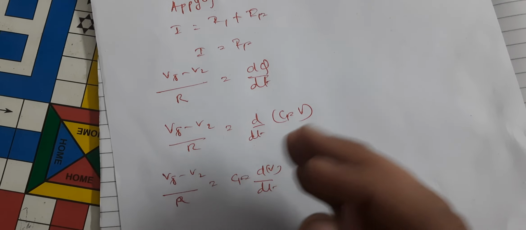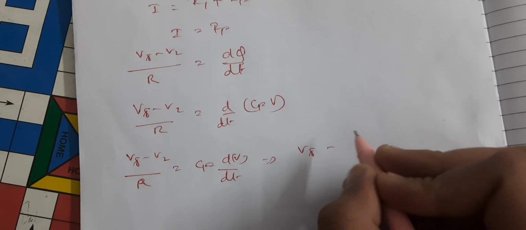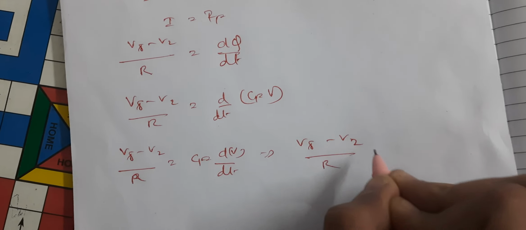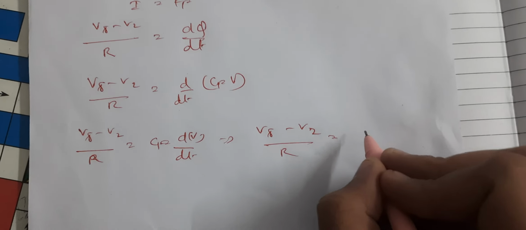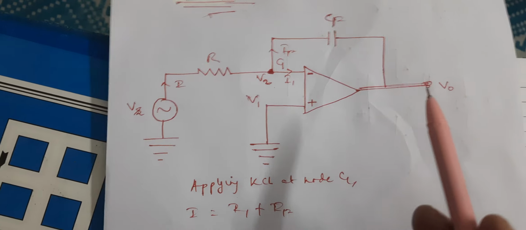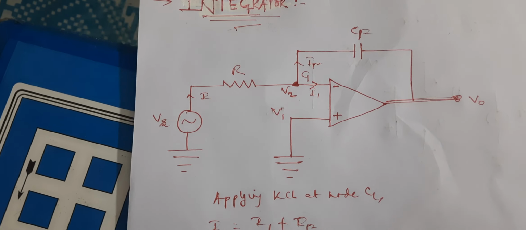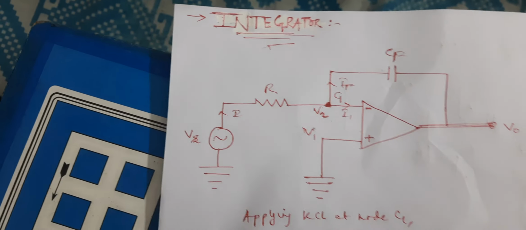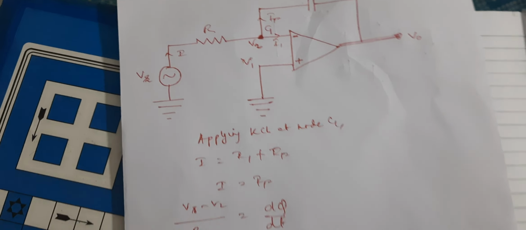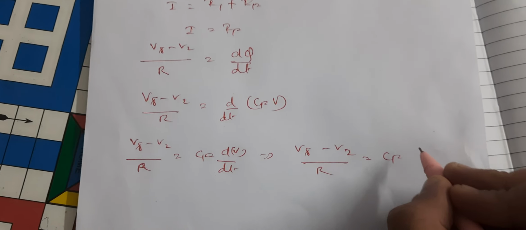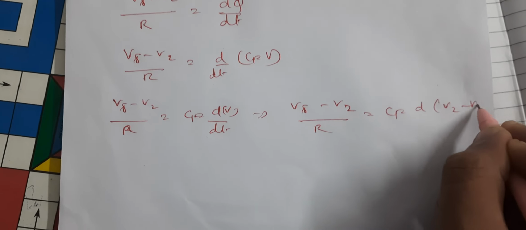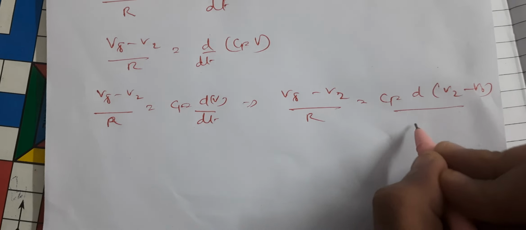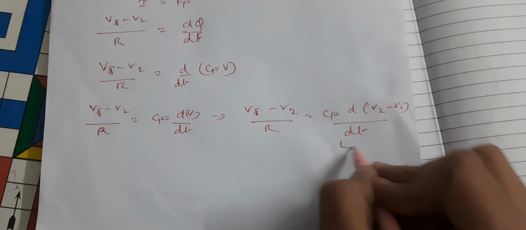Now we can write V as V2 minus V0, so Vs minus V2 by R is equal to CF into d(V2 minus V0) by dt. We number this equation as 1.